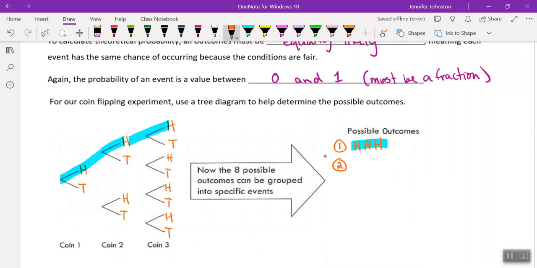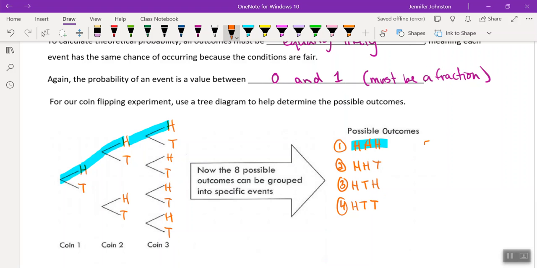You could also get heads, heads, and then tails, so H, H, T. You can also get H, T, H. And H, T, T. Okay, those are all the ones starting with H.